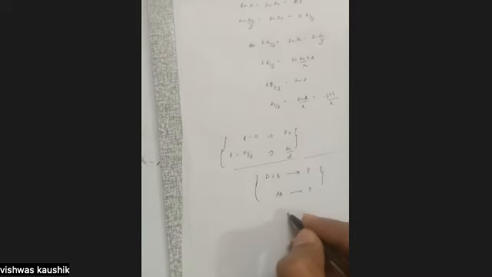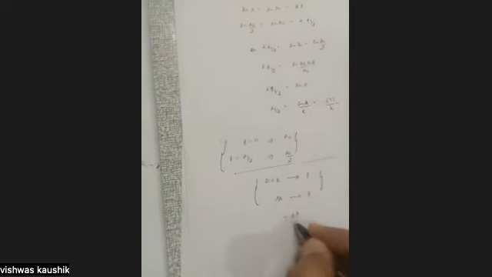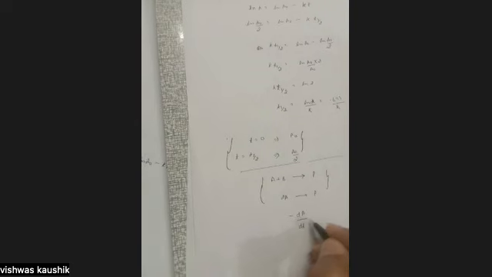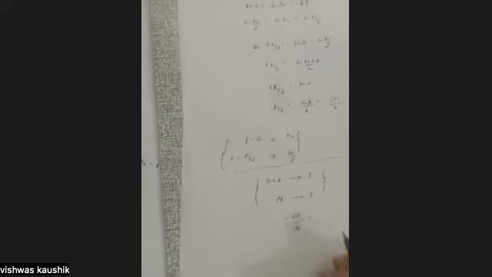If we write the rate equation, then minus dA upon dt will depend on the concentration of the reactant raised to the power 2. So minus dA upon A square will be equal to k dt.